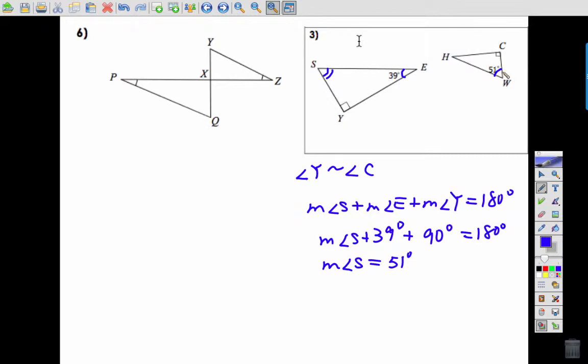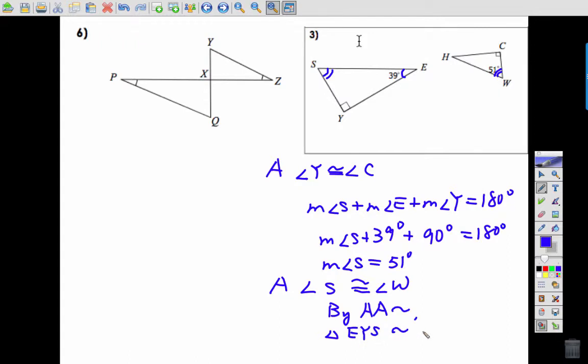Now, angle S is congruent to angle W. I made a mistake here, it should be congruent. So now I have my AA, right? So by the AA similarity postulate, triangle EYS is similar to triangle HCW. And that's my final statement, the final solution right there.